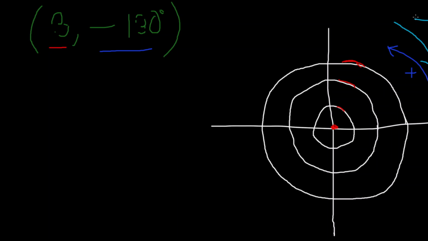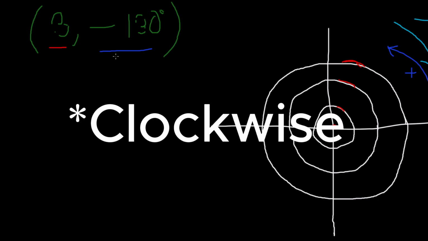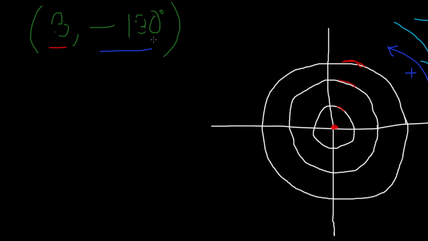If it's negative, we go clockwise. Then we see it's 130 degrees. So 130 degrees is somewhere about here.